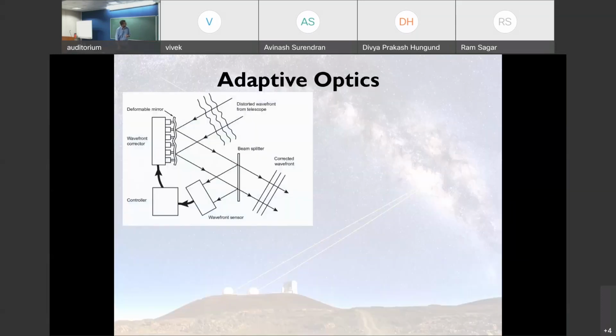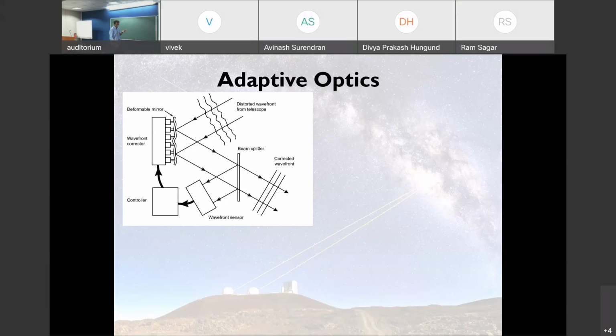Currently the adaptive optics system at Keck is a very basic vanilla AO system, which consists of a single deformable mirror, a single wavefront sensor, and a controller which decides what shape the wavefront corrector should be.